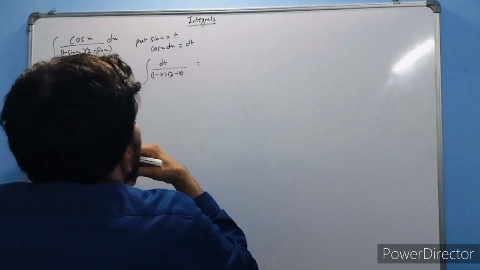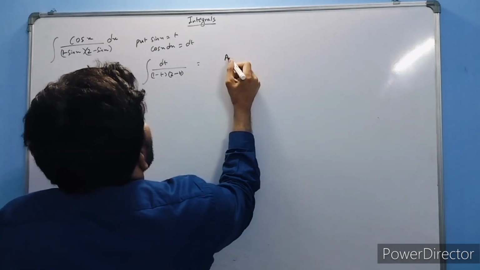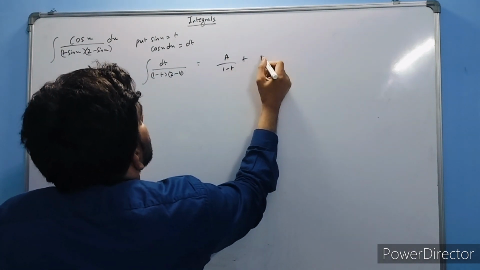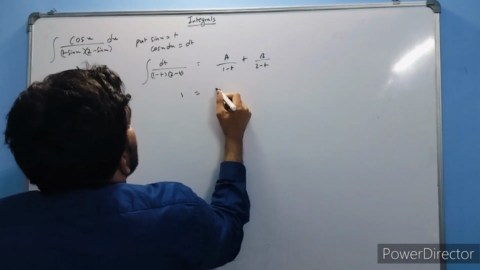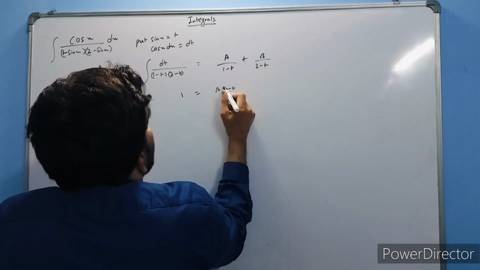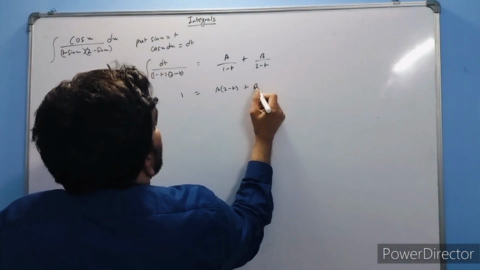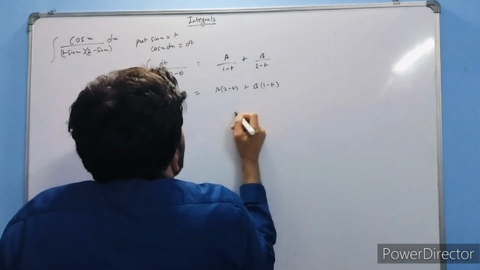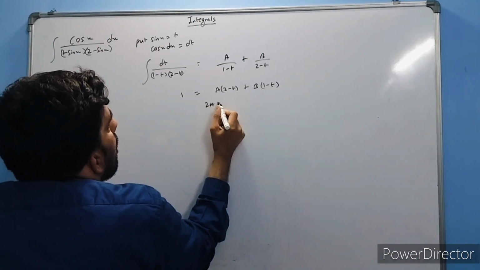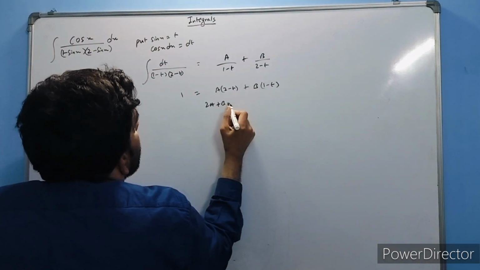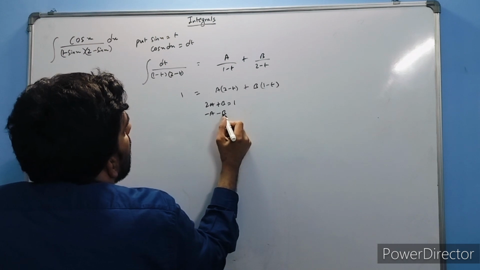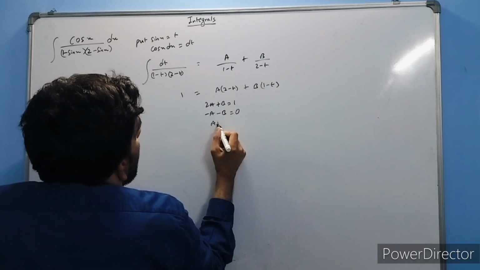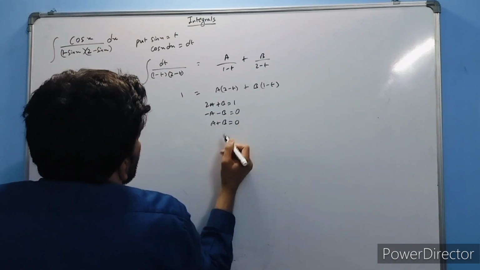Now we can put a upon 1 minus t plus b upon 2 minus t. So now comparing, I got a(2 minus t) plus b(1 minus t). So now 2a plus b is equal to 1 and minus a minus b is equal to 0. That means a plus b is equal to 0.